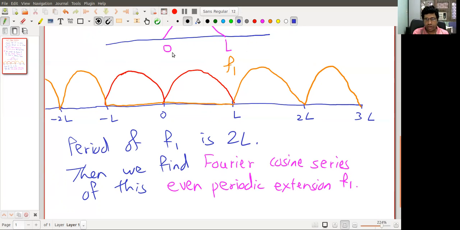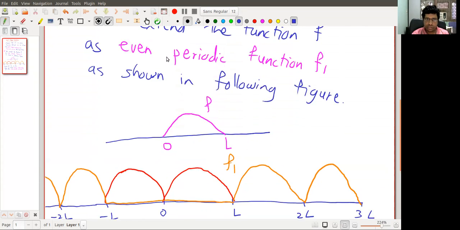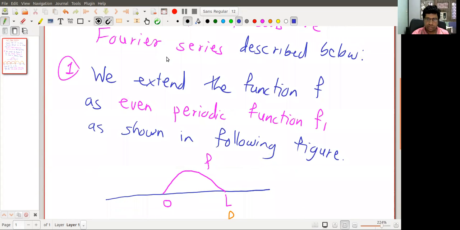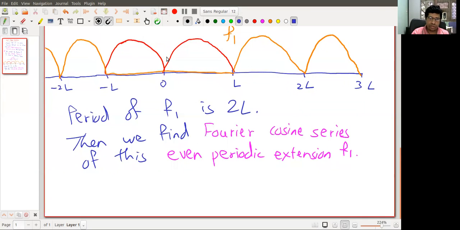Similarly, we can have odd periodic extension. So let us see the second thing, odd periodic extension.